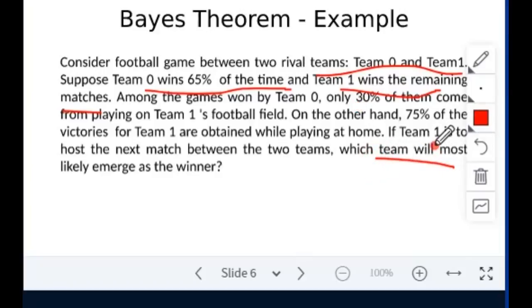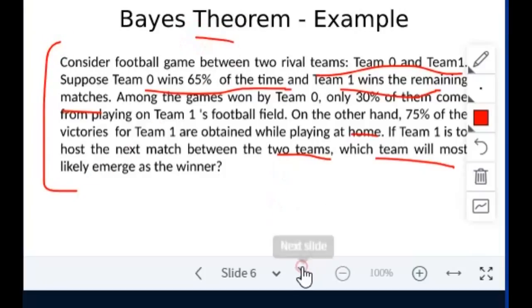When Team 1 is hosting the next match in their hometown, which team will be winning? We have to find out whether Team 1 or Team 0 will win. So this is a simple scenario, just to illustrate the Bayes theorem.